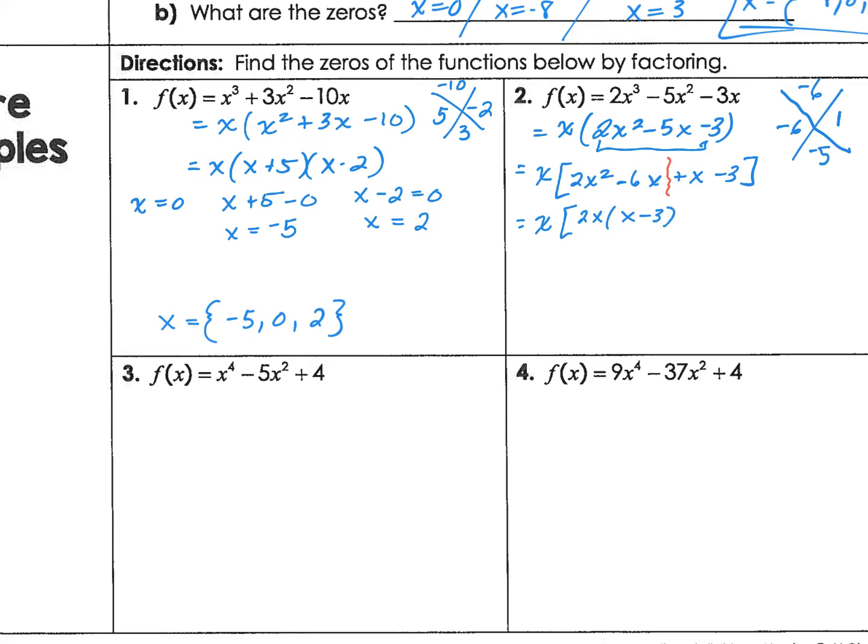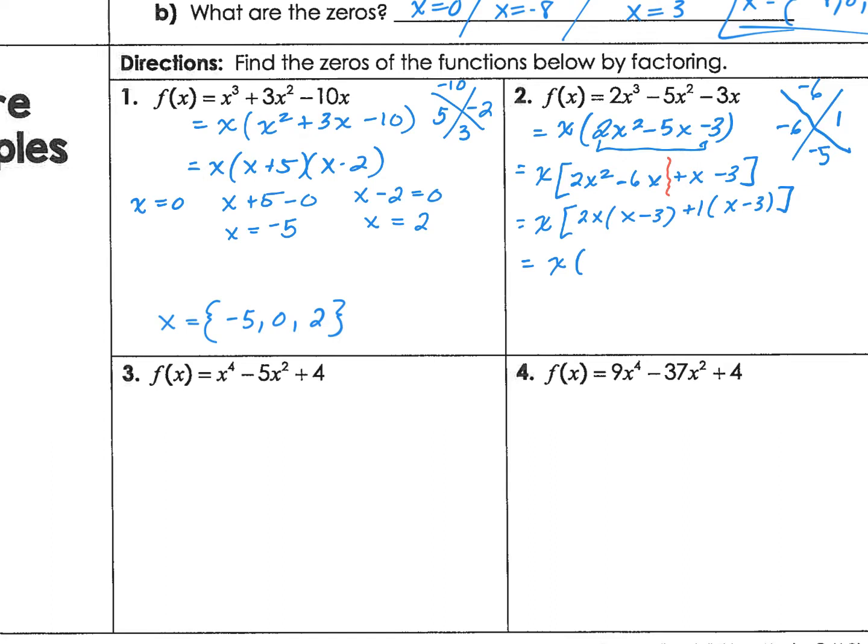All right, so then what factors out of the second two terms? Yeah, 1. So now I can finish up. What is my first factor group that comes out of that? What do they both have in common? X minus 3, don't they? Don't both groups have x minus 3?